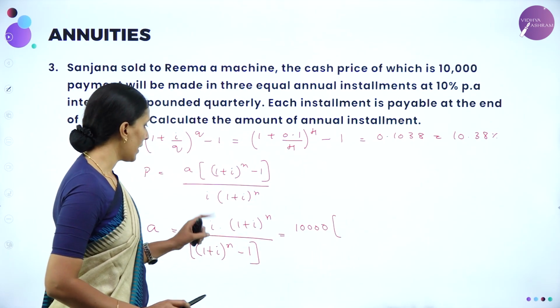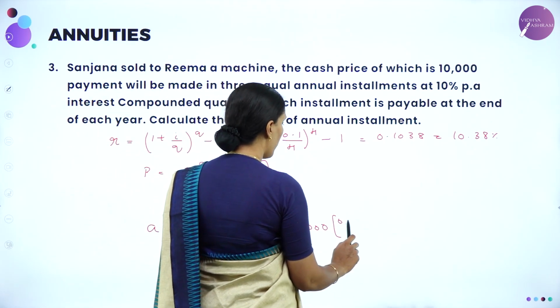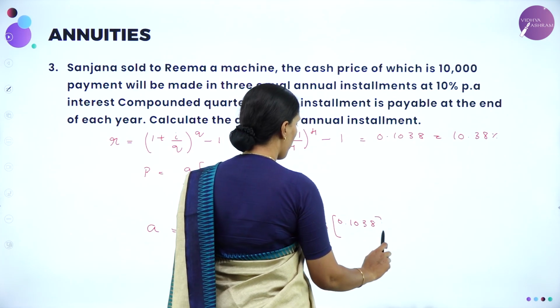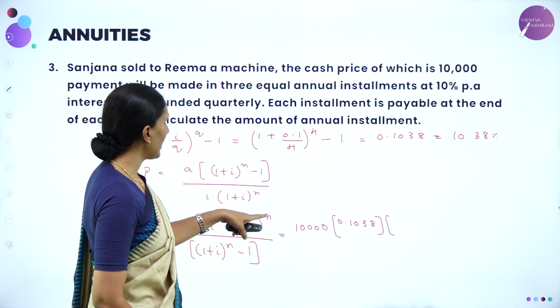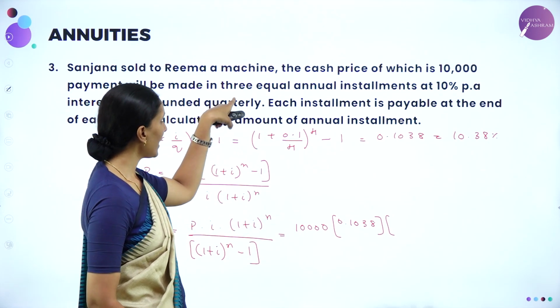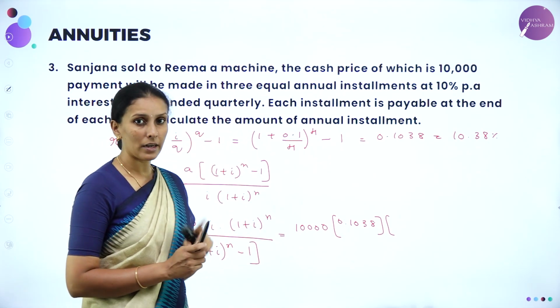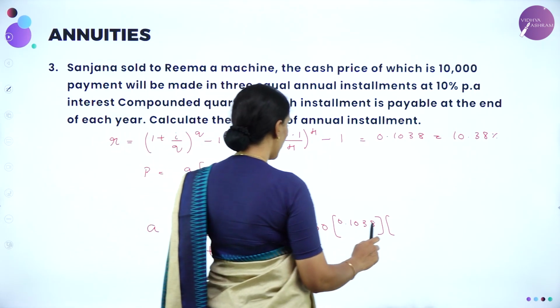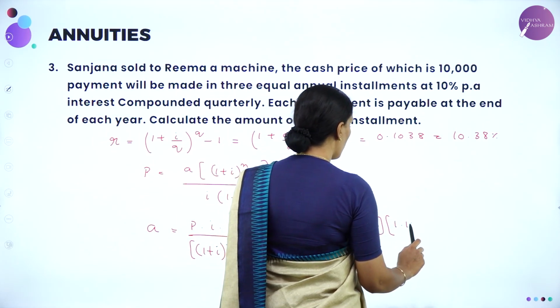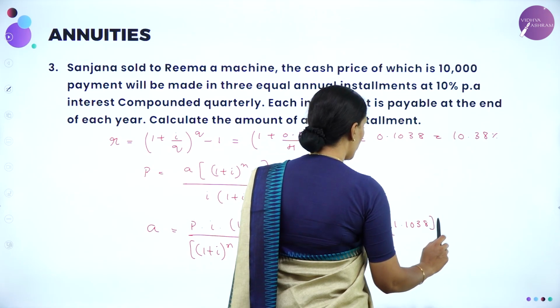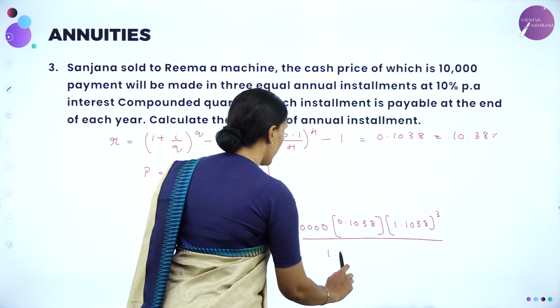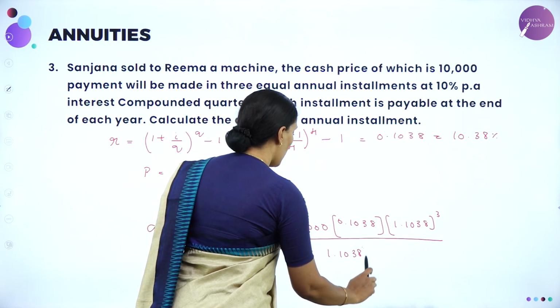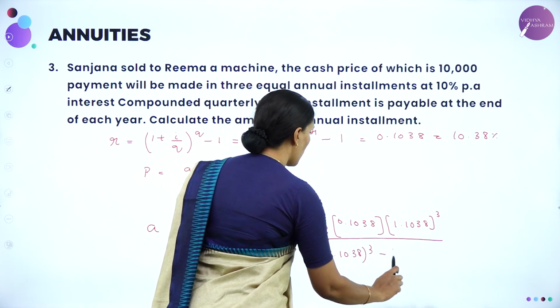And here we have I whose value is 0.1038. Next we have (1 plus I)^n. So here n is equal to 3 equal annual installments, that means 3 years. So therefore here it is 1.1038 to the power 3, whole divided by 1.1038 to the power 3 minus 1.